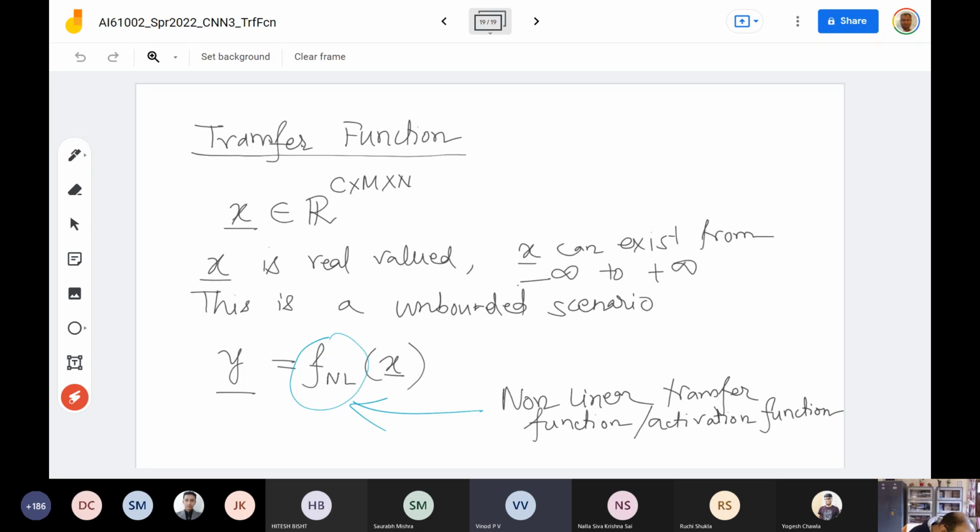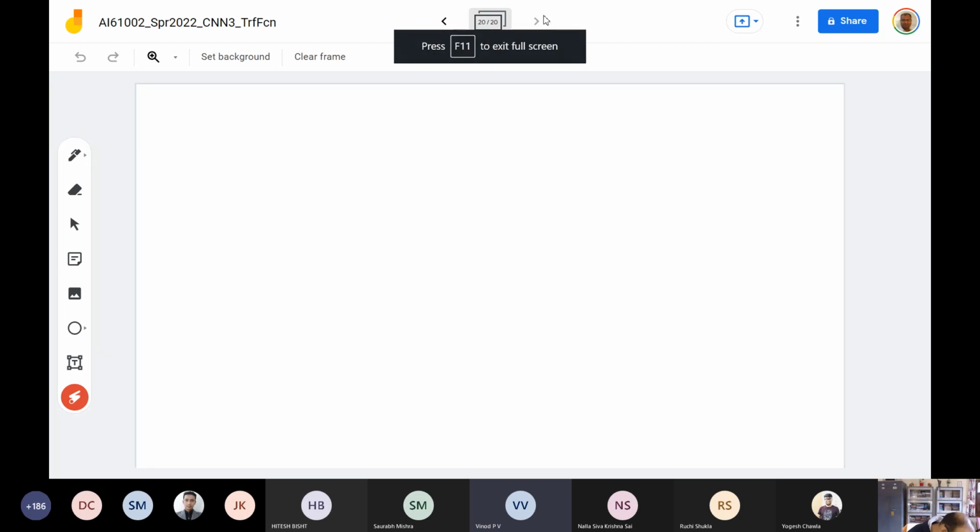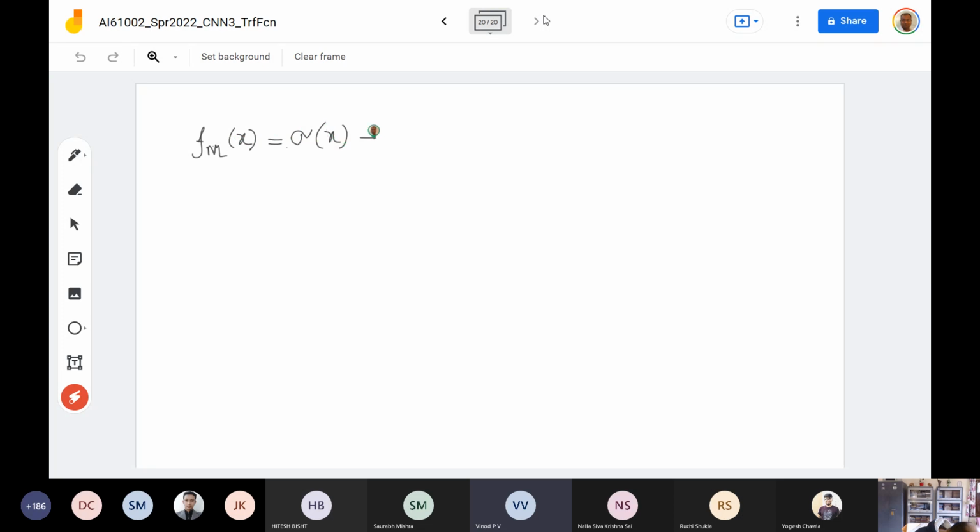Okay. Now, there are different ways in which you can write down these nonlinear transfer functions or activation functions. One of them is given like this. f_NL of x is equal to sigma of x, also known as the sigmoid function, and this is written as 1 by 1 plus e power of minus x.